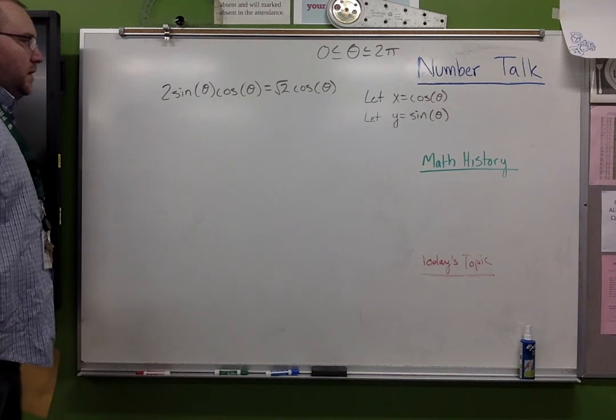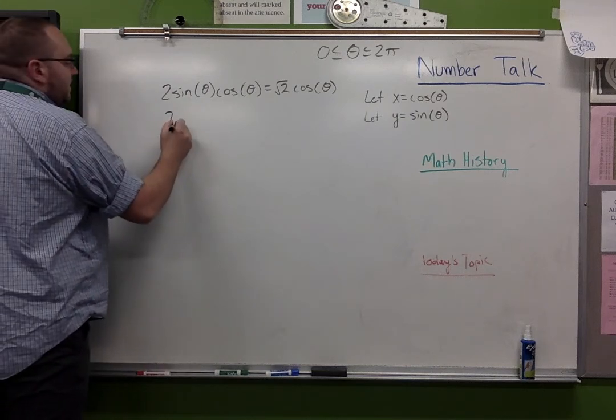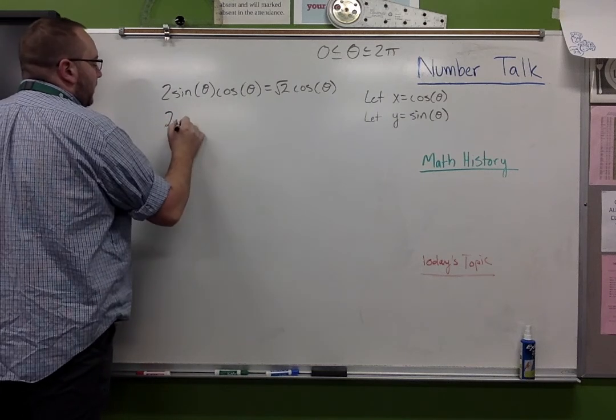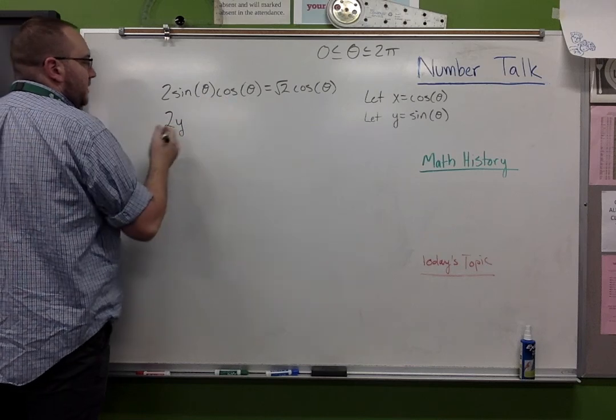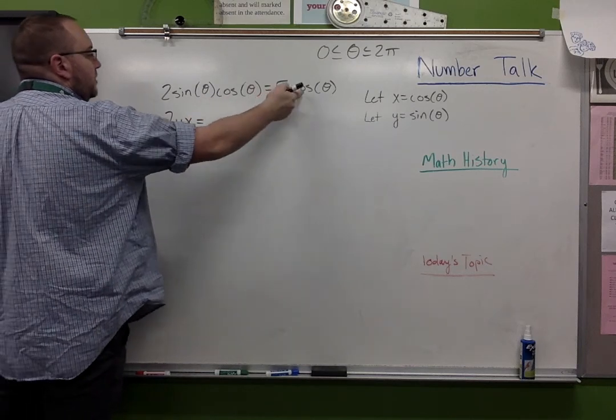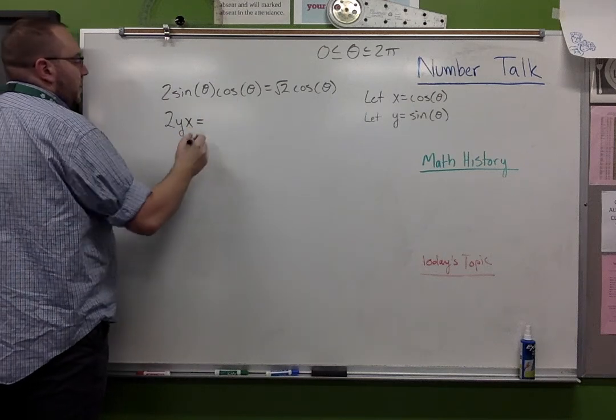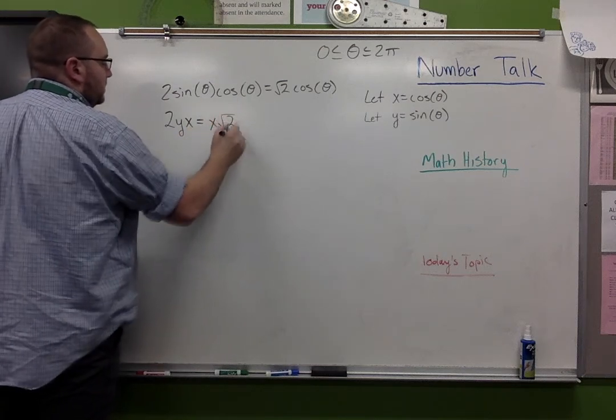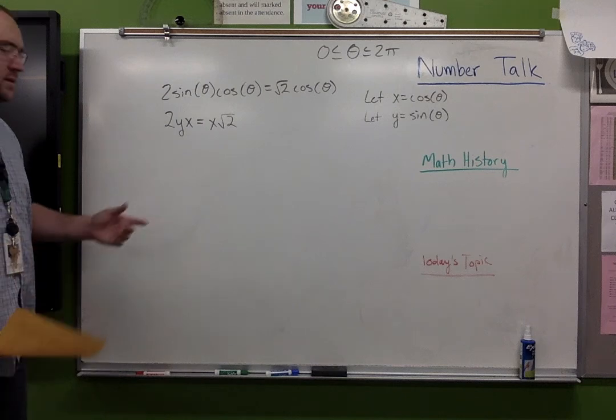So here I have 2 times sine, but instead of sine, I'm going to write y, times cosine, but instead of cosine, I'm going to write x, equals square root of 2 times cosine, but instead of cosine, I'm going to write x. So square root of 2 times x. And that looks a little bit more familiar.